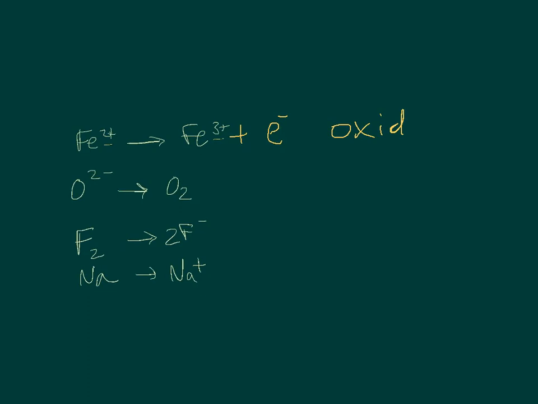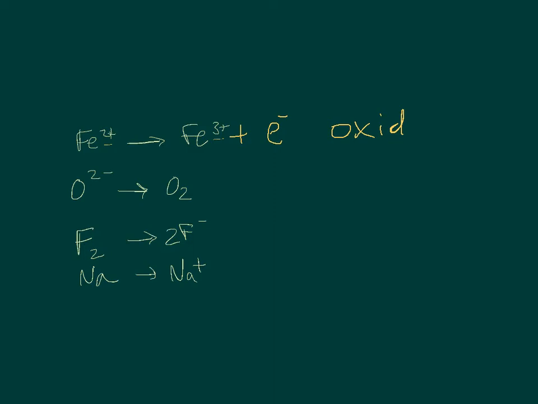It's going from O2- to O2. Now you may be wondering, what's the charge on the O2? Well, if you look at your book, and you should have already looked at the oxidation rules, you'll notice that all atoms in their natural state, like for example, oxygen is always found as O2 in nature, always have an oxidation charge of 0.